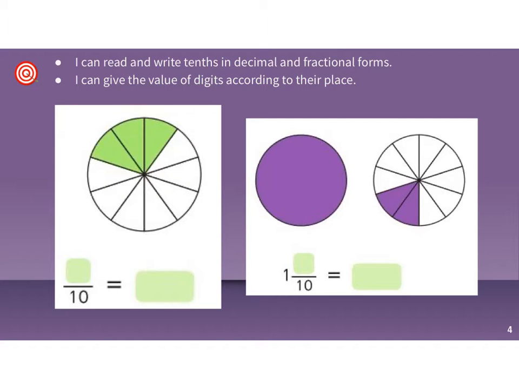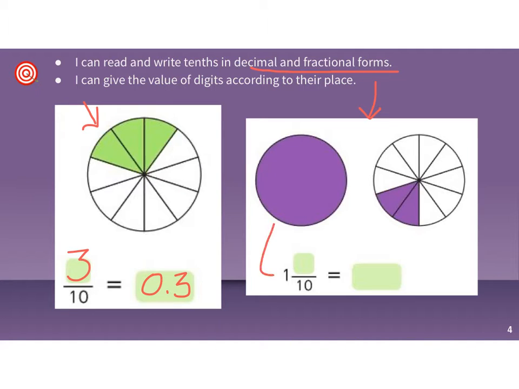So thinking back to what we learned, if I'm looking at this shaded region and I want to write it in both decimal and fractional forms, I would say that 3/10 of this figure is shaded. What would that look like as a decimal? 0.3, also read 3/10.